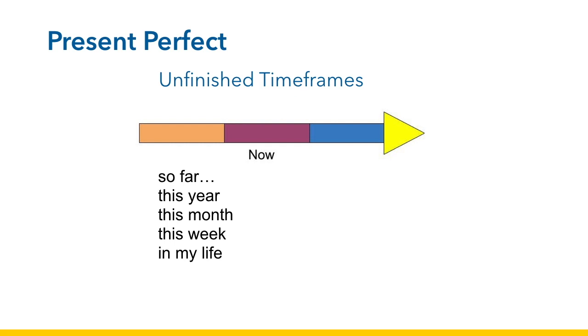Sometimes if we use the present perfect and we don't use one of these times, it means in my life. So if I tell you, "I have been to Spain 4 times," that means in my life. I could go more.